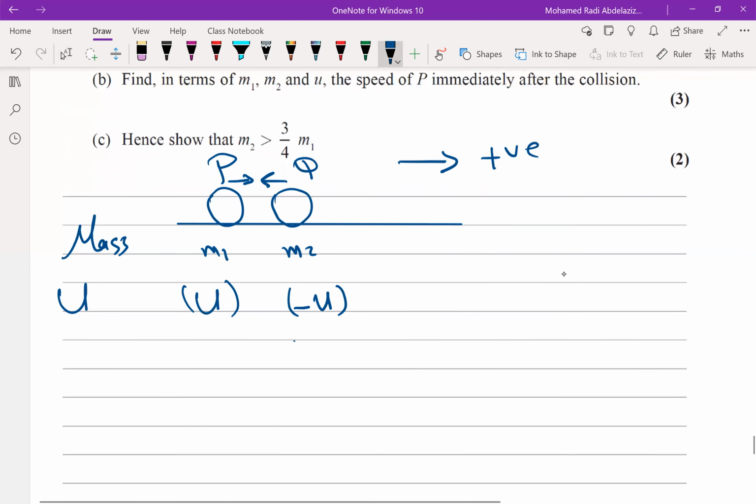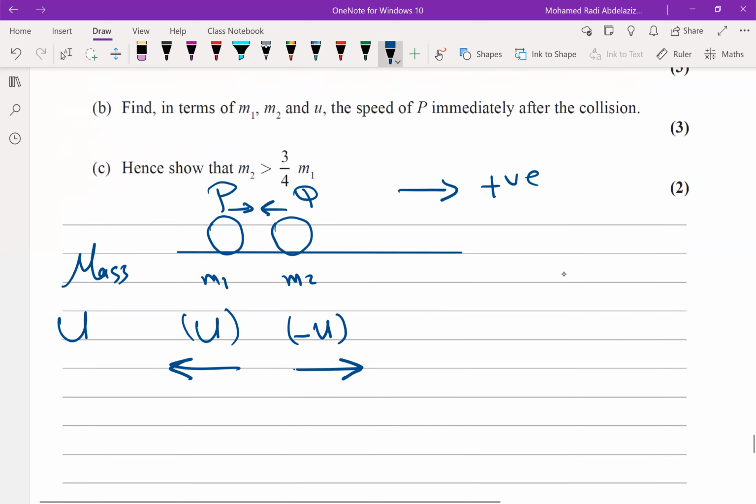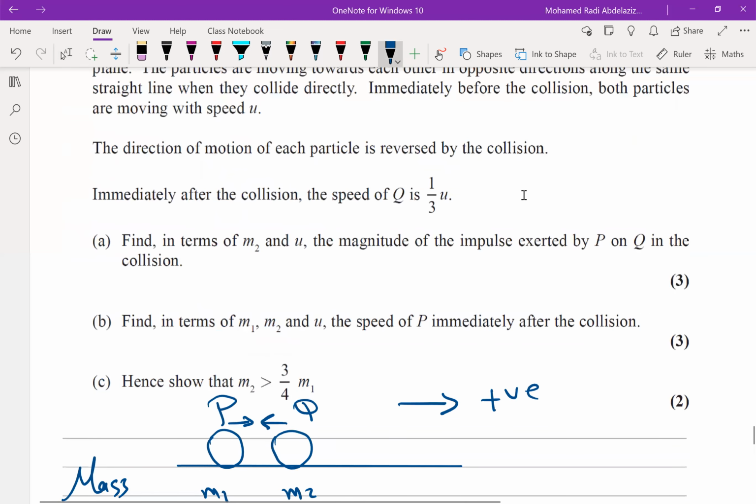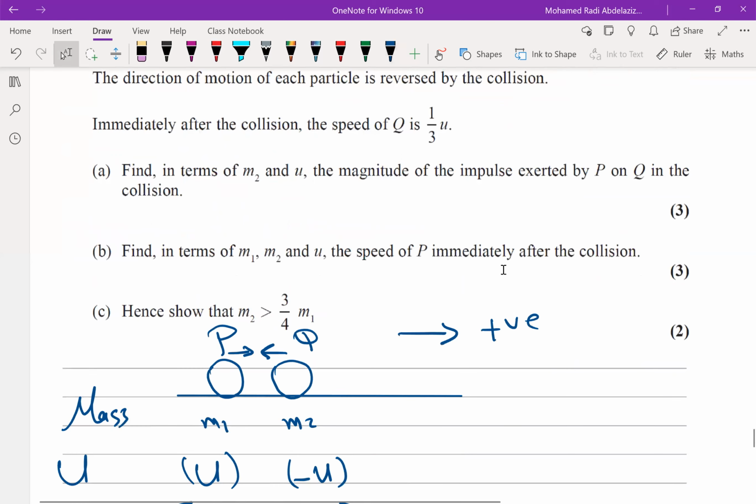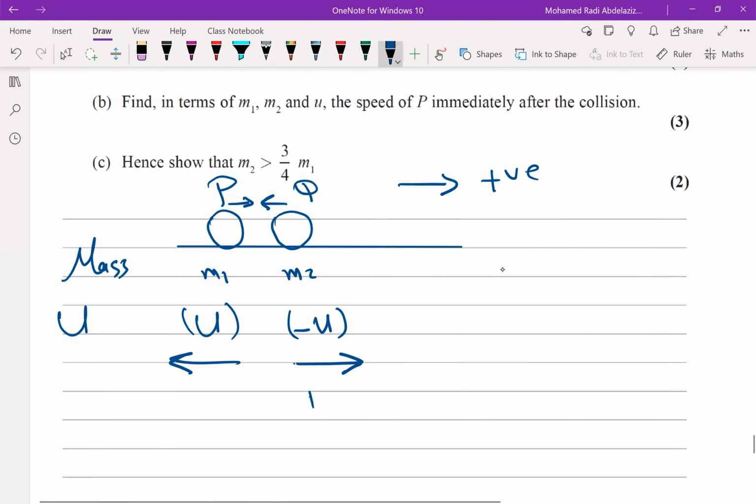So reversed means this particle moves in this direction and this particle moves in this direction after the collision. Immediately after the collision, the speed of Q is u/3. Speed of Q is u/3.